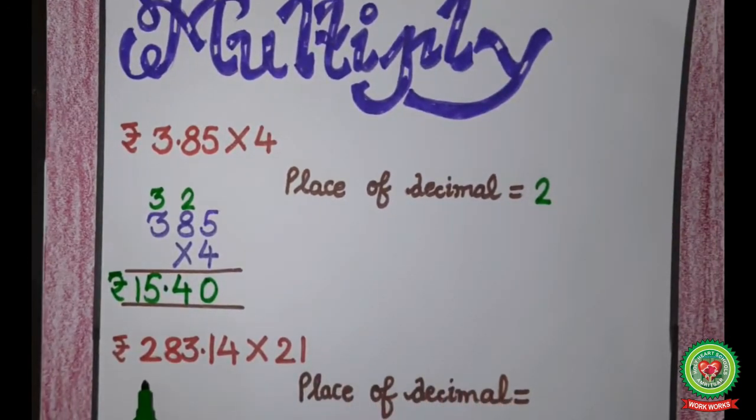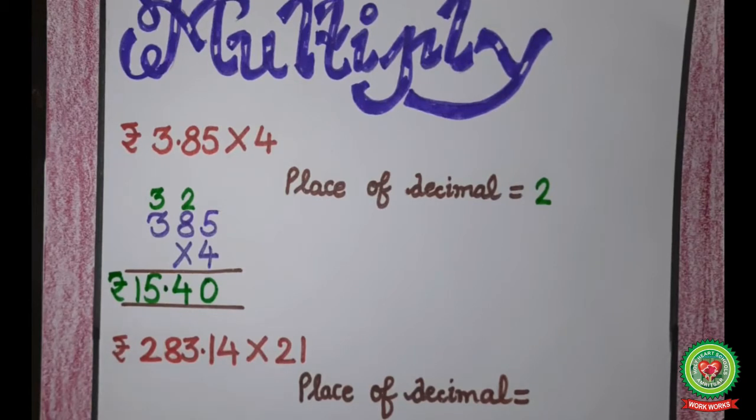Multiply rupees 283 and 14 paise by 21. Again, what is the first step? First step is write down the place of decimal. That means count the number of digits after decimal.